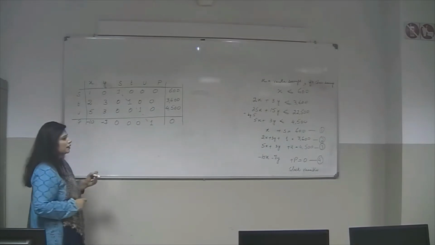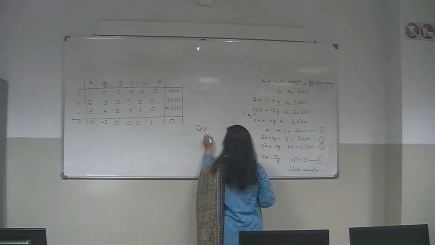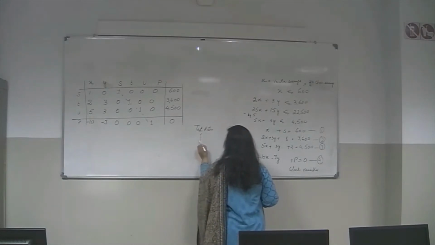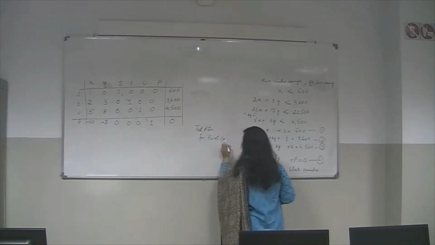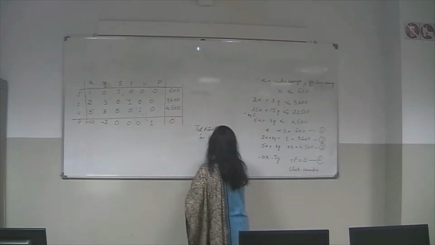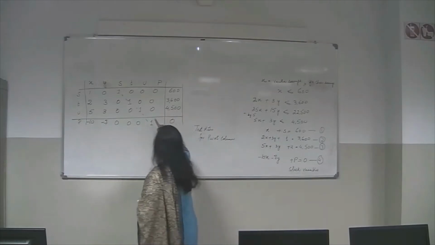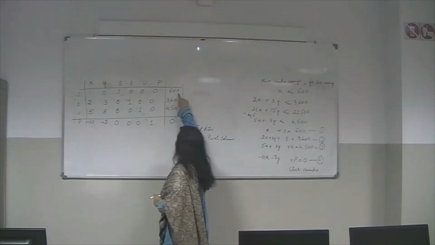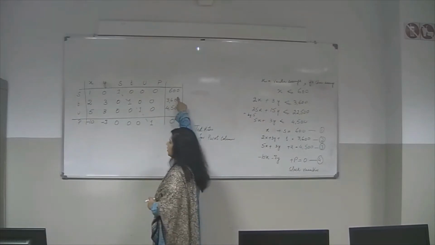For that, we need to find a test ratio. We need to do a test ratio, and for the pivot column. So how do you do the test ratio to find out what's the pivot column? If you see which variable, when you put it in the denominator, can give you the lowest ratio.